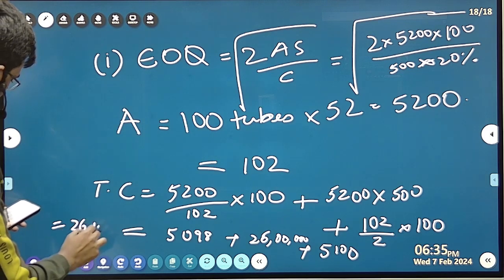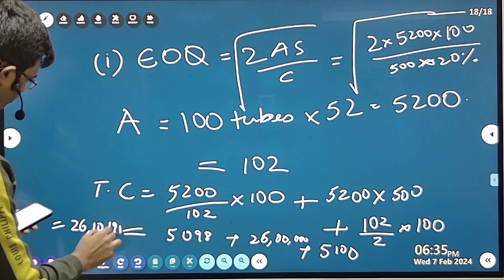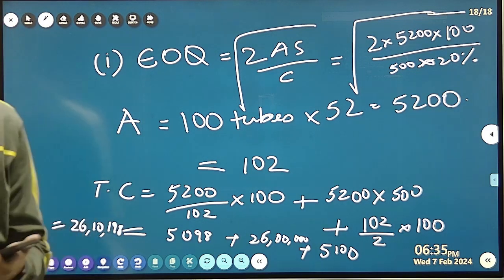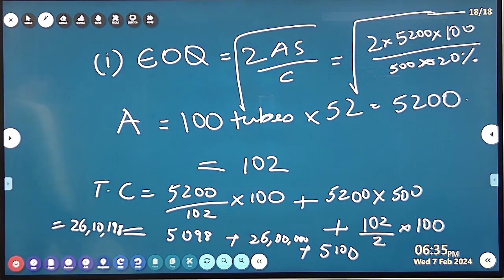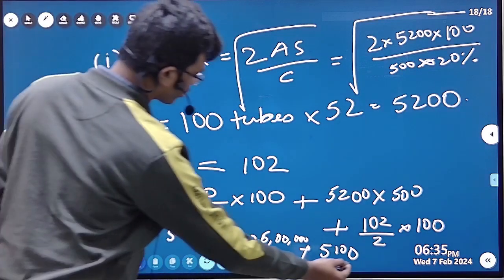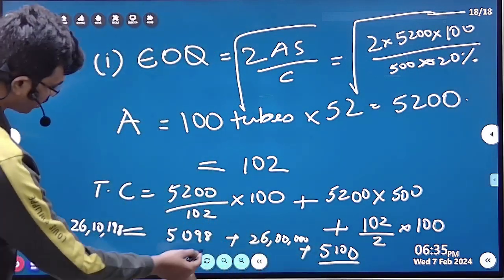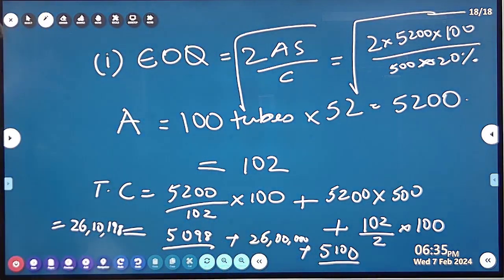26 lakhs 10,198. So if you make an observation here, generally your carrying cost and your ordering cost will be the same at EOQ.